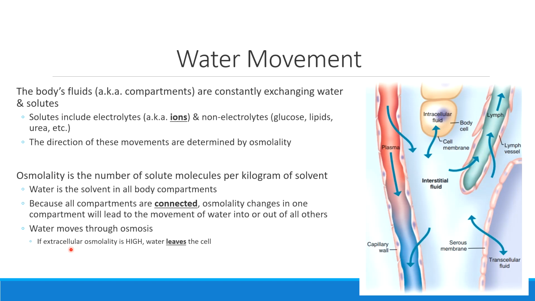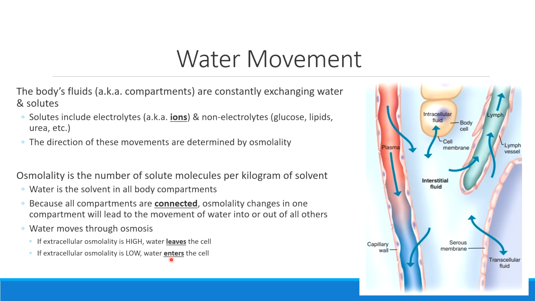So if I have an extracellular solution, whether it's plasma or interstitial fluid, that has a high osmolality, that means that I have a really high concentration of salt or really high concentration of sugar. Based on what you know about osmolarity, this means we have a hypertonic solution that pulls water out of my cells. They try to dilute it.